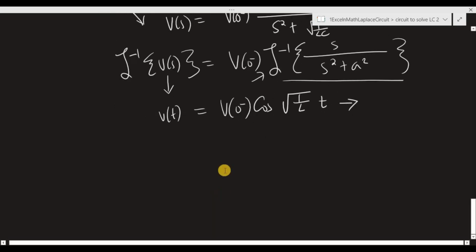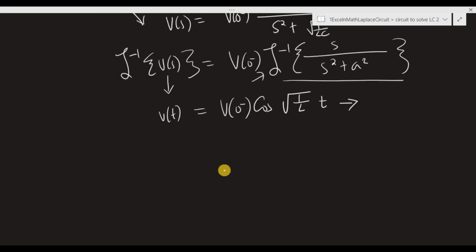Now I think our solution is quite interesting, because the cosine function here suddenly appeared out of nowhere, and the mathematics predicted the oscillating voltage.